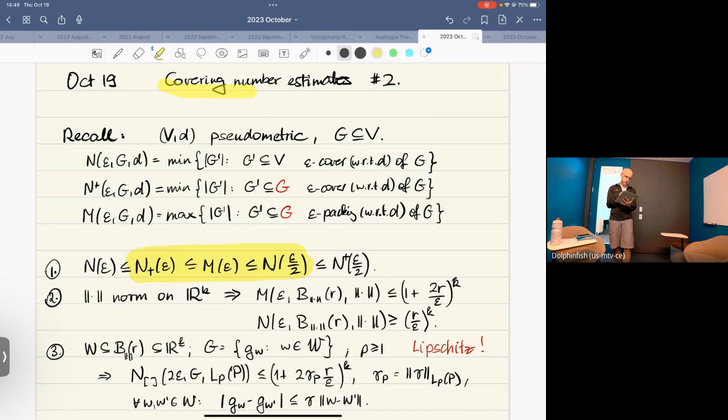And we're going to talk about covering number estimates. This is the second part of this excursion into bounding covering numbers and figuring out various ways of doing that. Just to recall, we had discussed last time some basic relationships between covering numbers, the inside covering numbers, and the packing numbers.